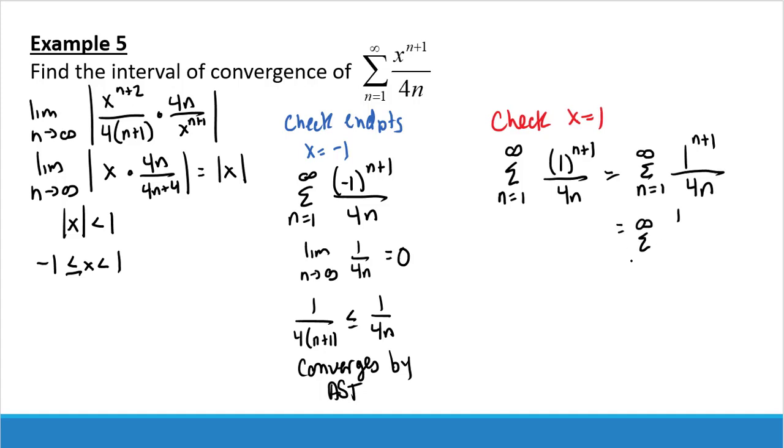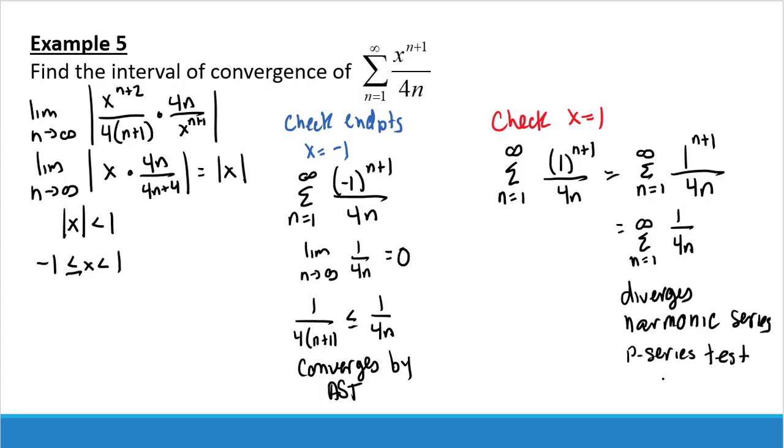We know that this diverges because it's a harmonic series, or we could say it diverges by the p-series test because p is equal to 1. So our interval of convergence in this case is -1 to 1. Our book writes it in interval notation. I don't know why I write it as an inequality.